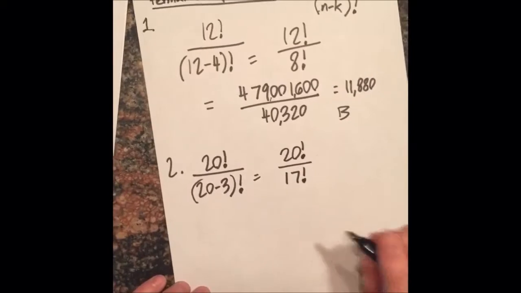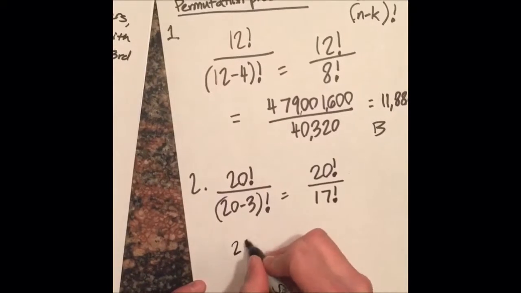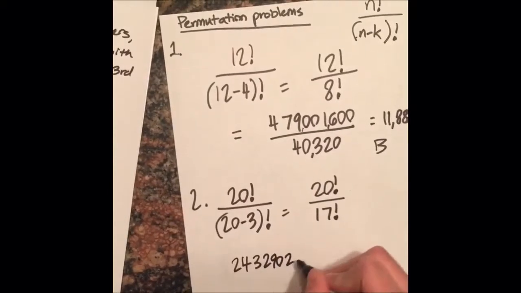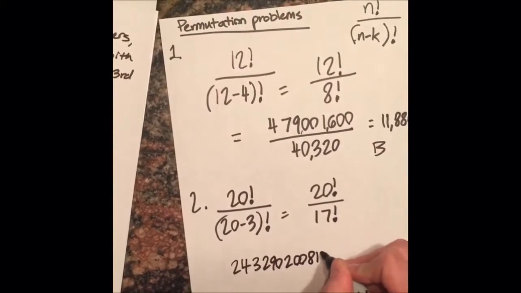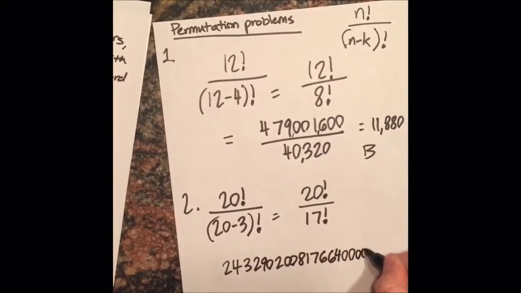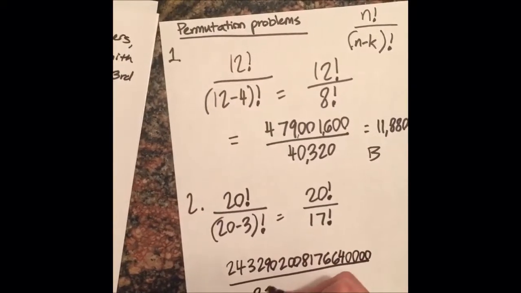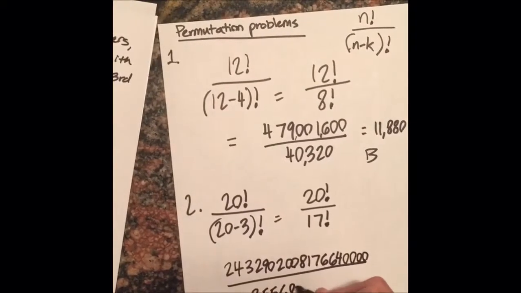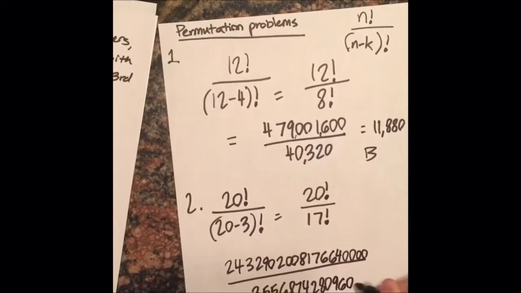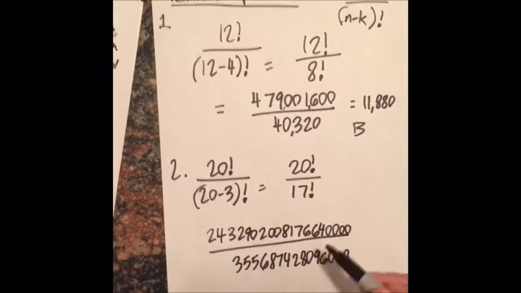You can plug it into your calculator, but just for the sake of it, we will write it out. 2,432,902,008,176,640,000 divided by 17 factorial, which comes out to 355,687,428,096,000. As you can see, you just plug these into your calculator and it is much easier than dealing with something like this.